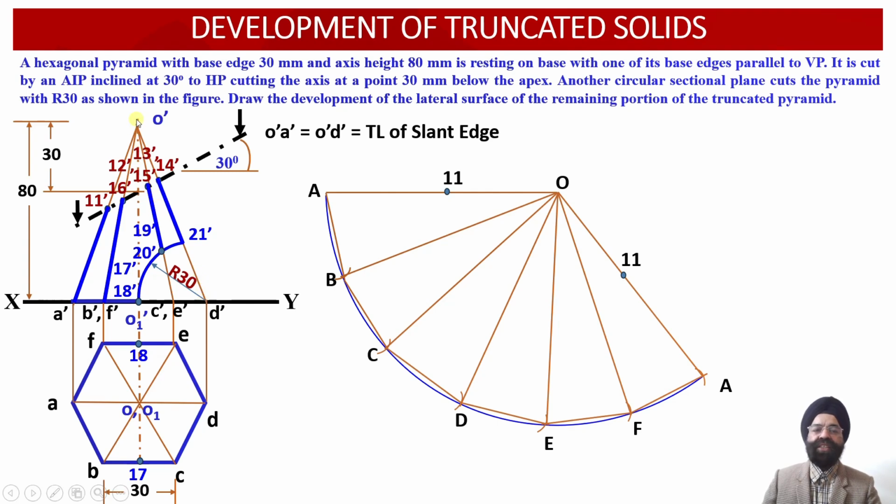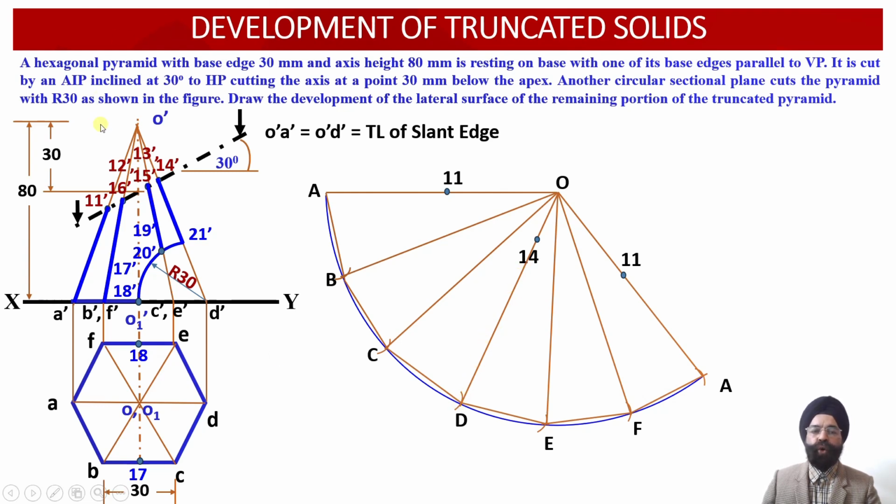So this distance O dash 14 dash will also be the true length. We'll measure this distance from O dash to 14 dash, and onto the generator OD we are going to mark this distance from point O. So the distance of point 14 from point O, which is the true length, has been appropriately marked onto the slant edge OD in the development surface view over here.